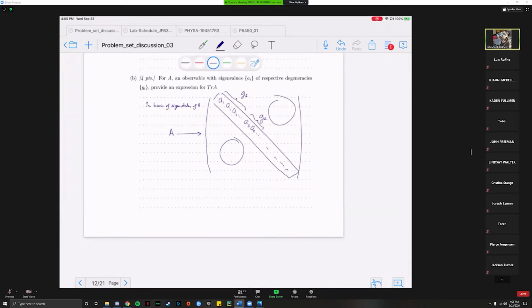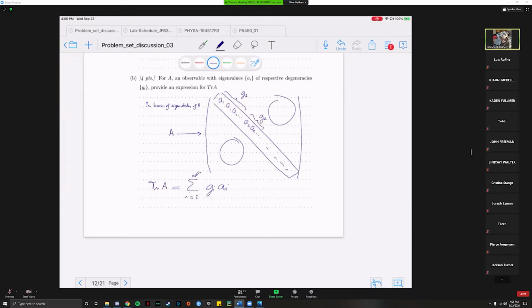And so if we wanted to write the trace of A, what would you write? It would just be the sum of the products of GI and AI. Right, GI AI, for I equals 1 to some number, which is not the order of the matrix, it's just the number of different eigenvalues.